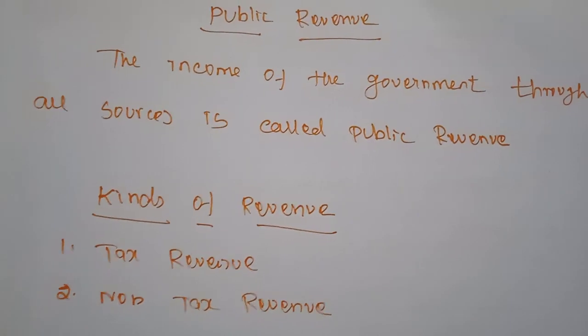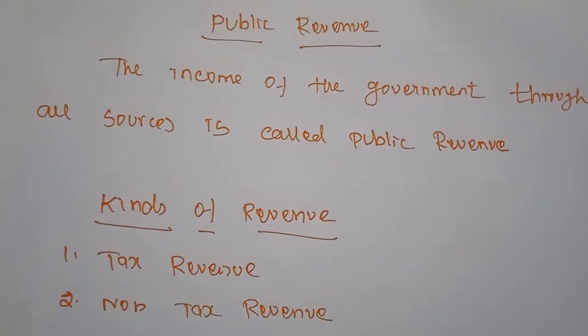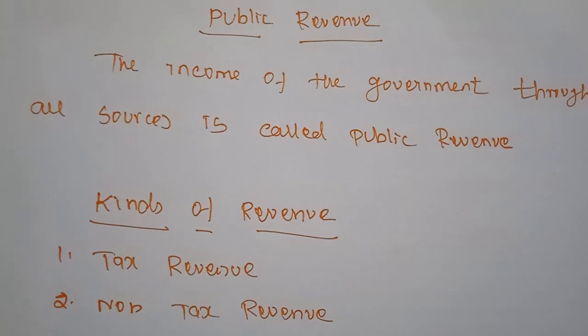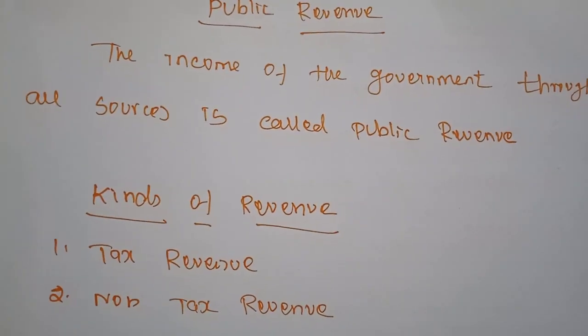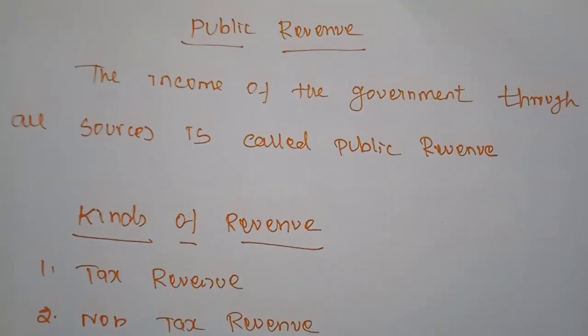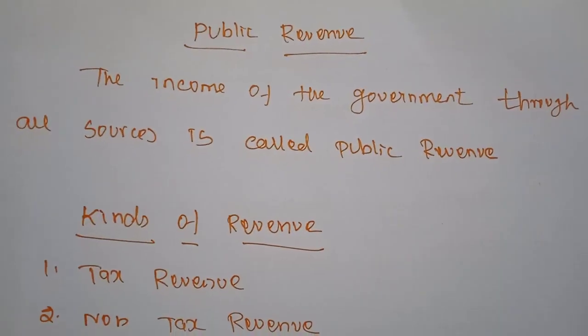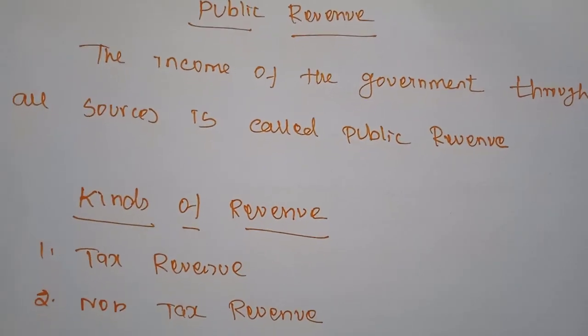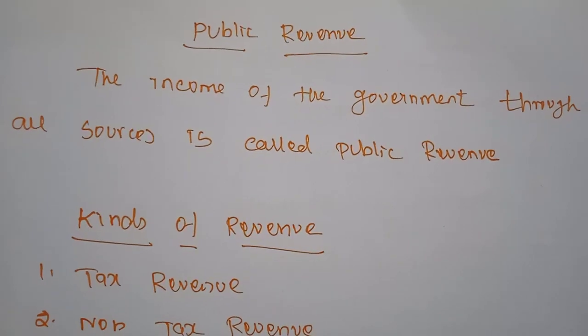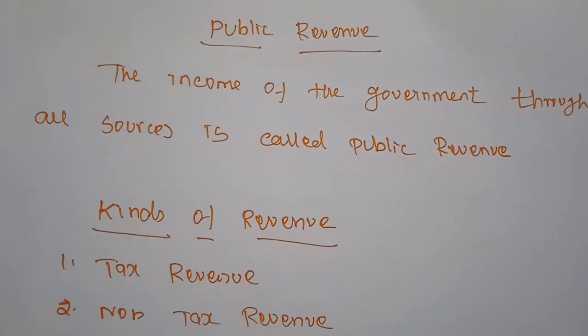The government has to perform several functions for the welfare of the people. They involve a substantial amount of public expenditure, which can be financed only through public revenue. If the government has no chance to earn income, it will be unable to make expenditures for public welfare schemes.